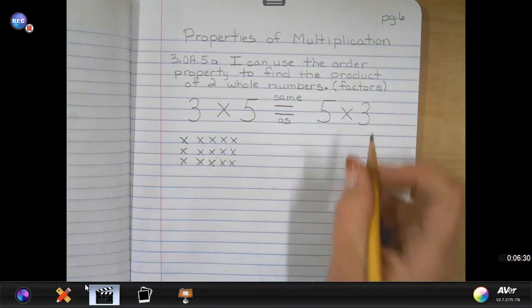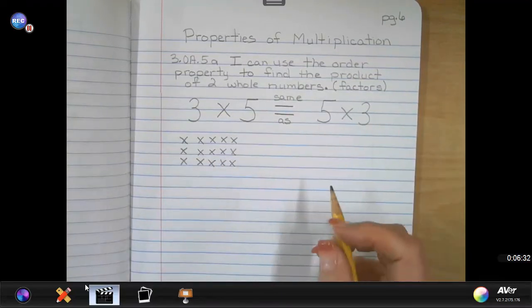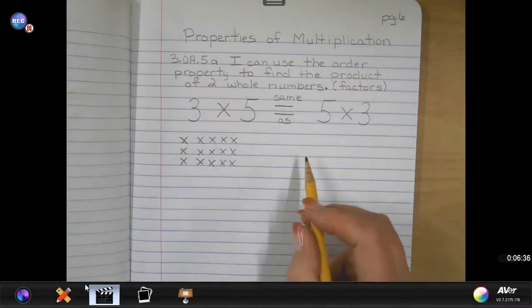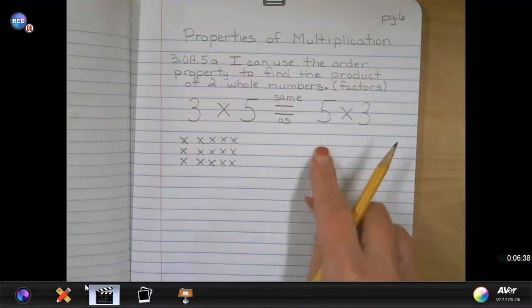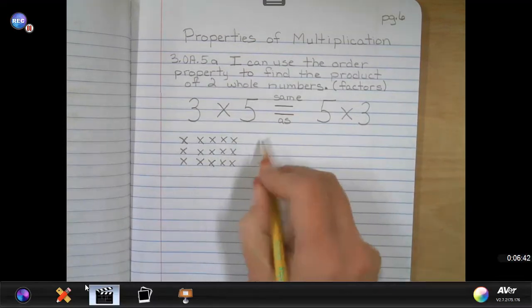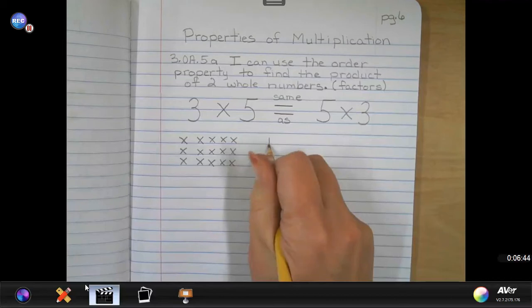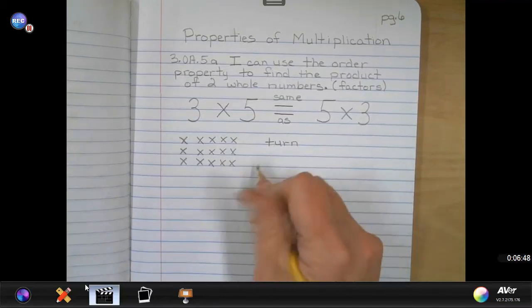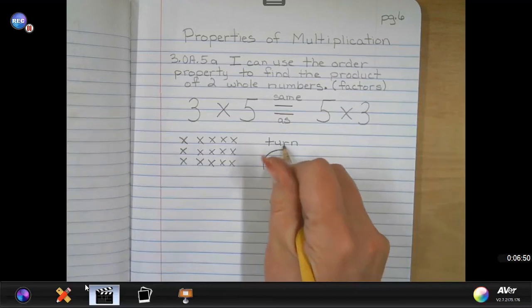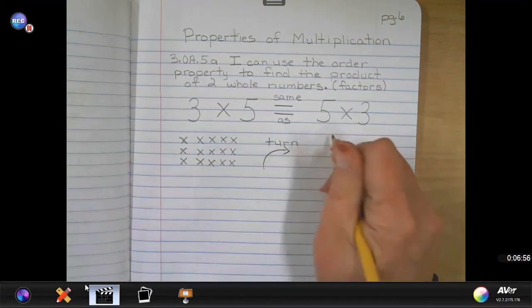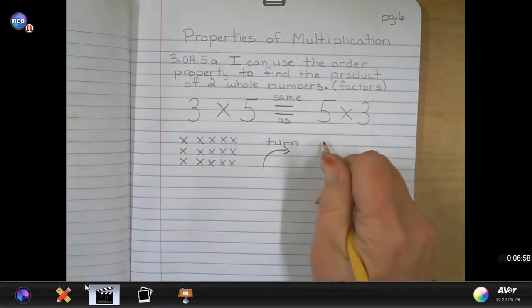Or if I rotate and switch the columns with the rows, what happens is I rotate or turn. If we turn our array, then it becomes 5 rows with 3 in each row.